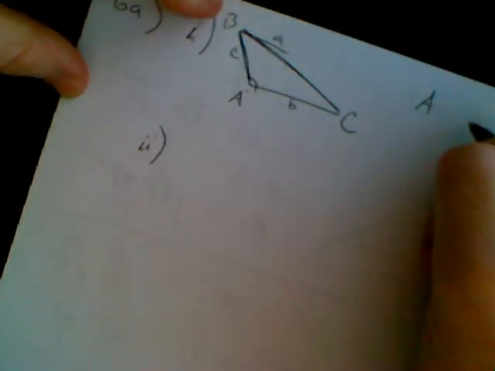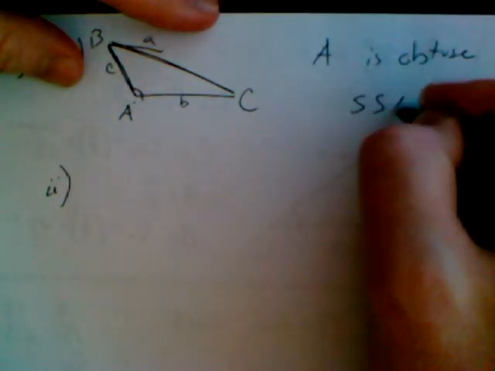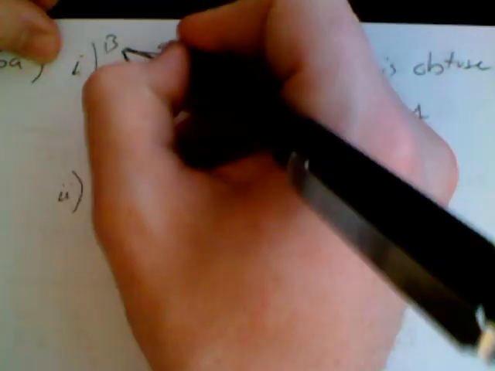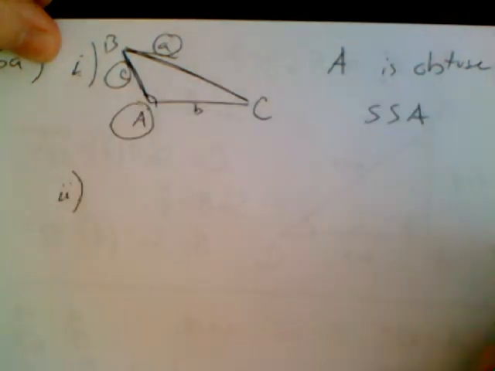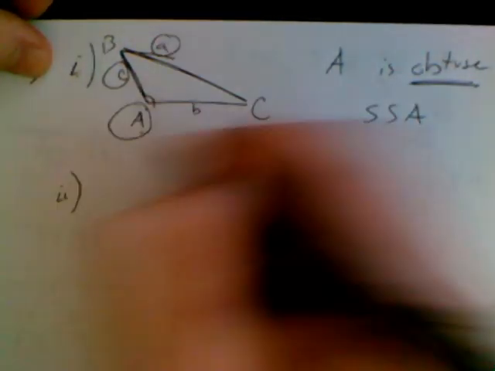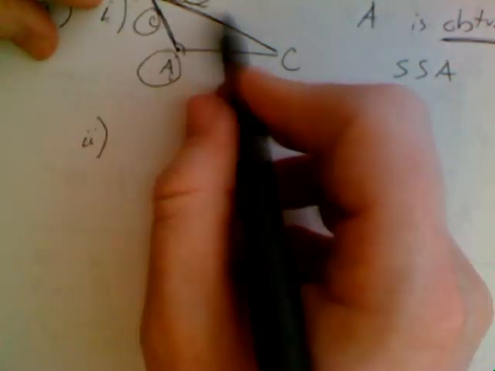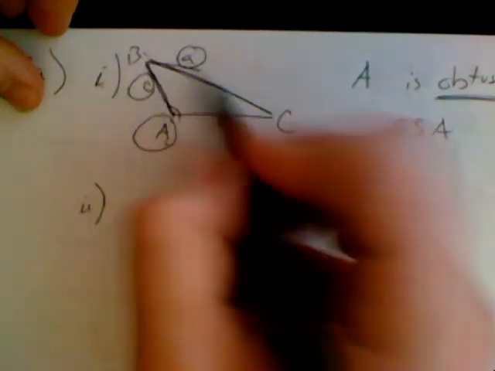So I have A is obtuse. Now, this is not always true, but if I'm given side, side, angle, and the angle I'm given is obtuse, I'm going to draw this triangle where that angle A is sitting right here, and the other two sides are sitting appropriately.